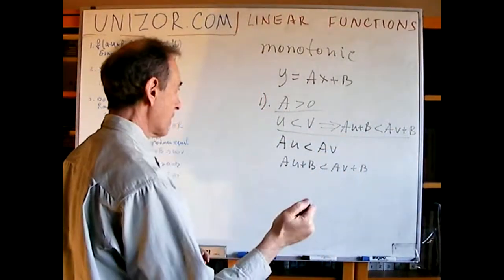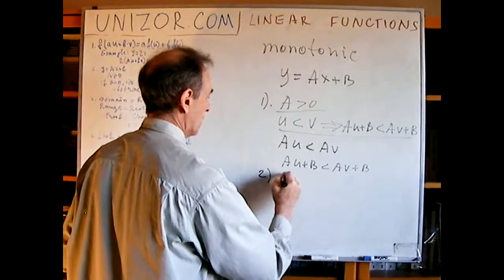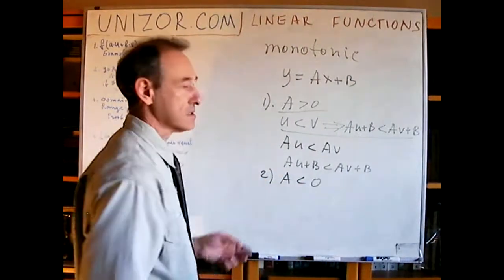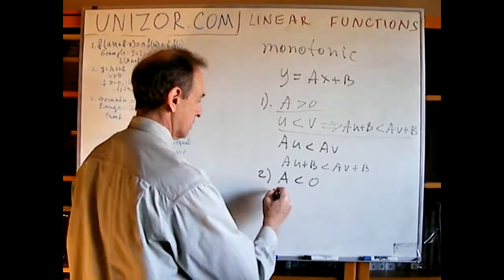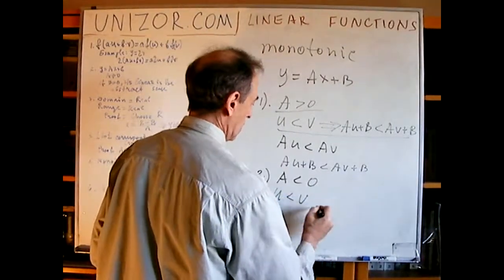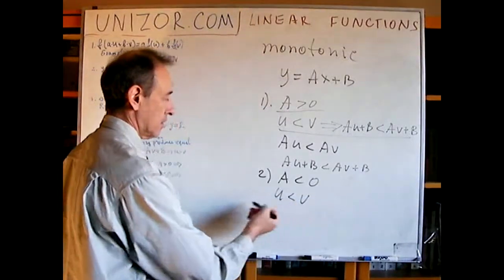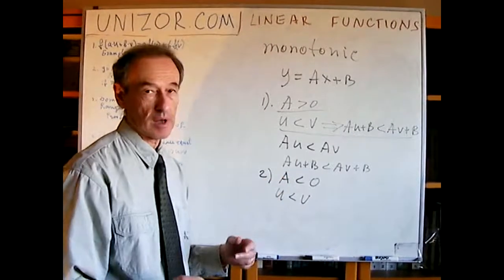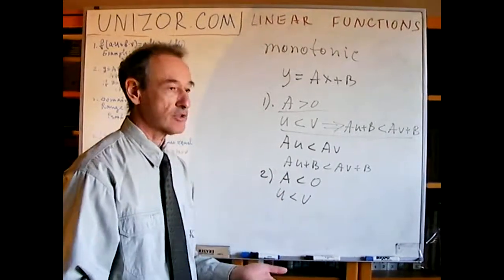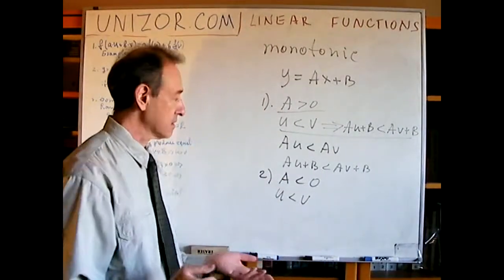Now, very similarly, let's consider a is less than 0. Well, from this, we multiply both sides of this inequality by a negative number, and that actually changes the sign of the inequality.